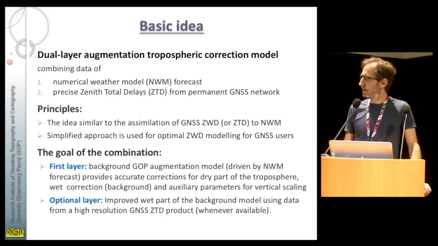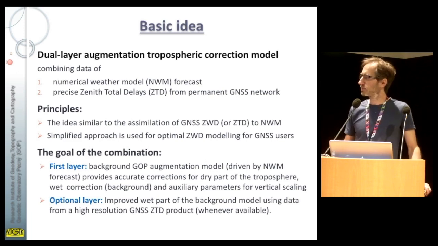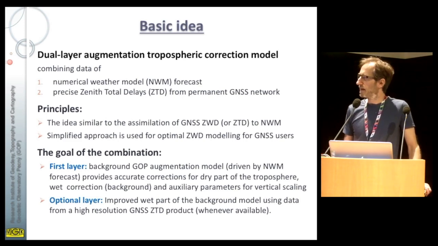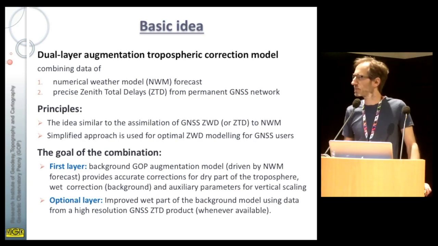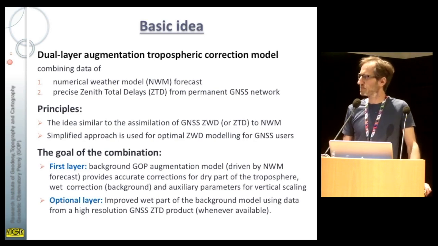We also can use a vertical approximation, because we have a 3D grid originally, so we can make auxiliary parameters for the vertical scaling, which is then done in a precise way. And then optionally, if we have a GNSS reference network and can provide the zenith total delays from a real-time or near real-time production capability, then we can improve this wet part by the combination of these two, and this is the interest of this study.